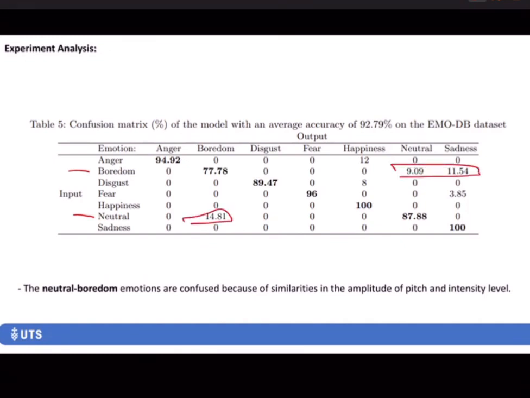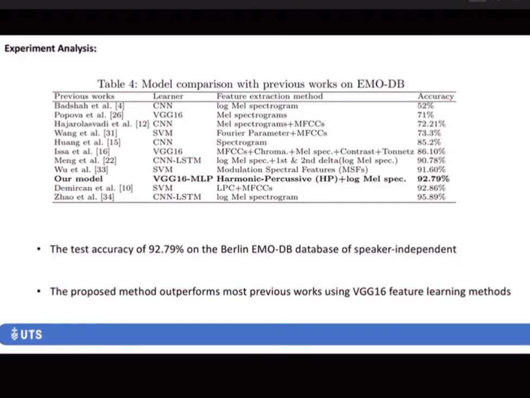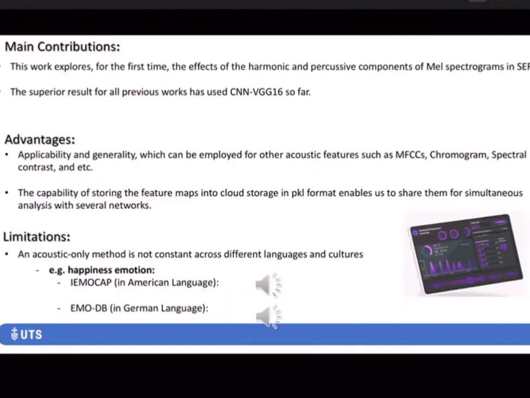Two main contributions of this study: this work explores for the first time the effect of the harmonic and percussive components of the MEL spectrogram in speech emotion recognition, and we got a superior result to all previous works that used CNN VGG16.